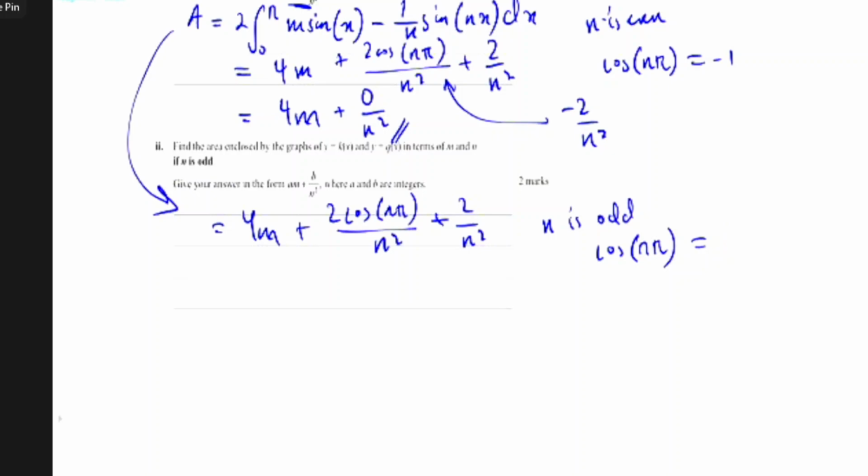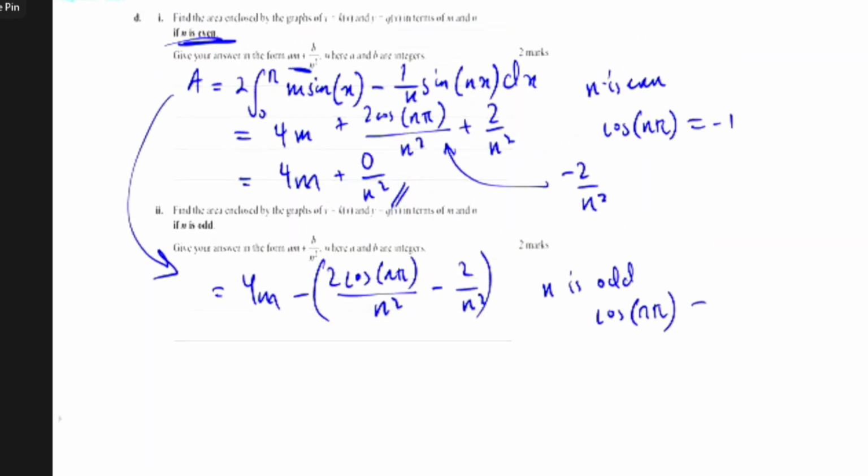Sorry, let me just rewrite this. Okay, so here cos n pi is actually 1 when n is even, so this would cancel out and become 0, so then you get this.